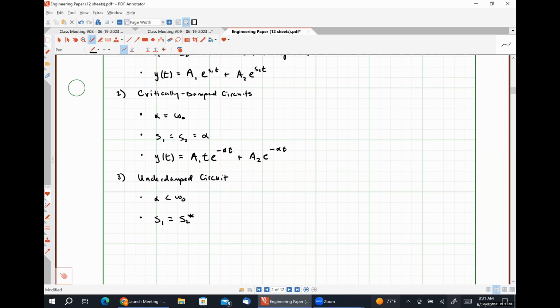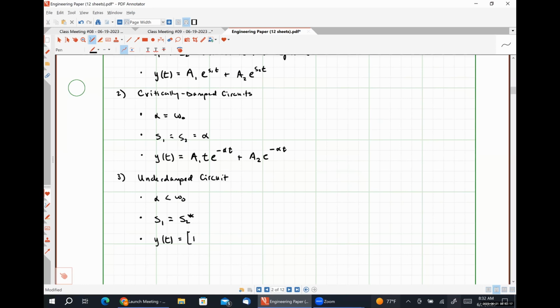So using Euler's identity, where we have a complex conjugate response or an imaginary response, we can use Euler's identity and express our response equation as follows.